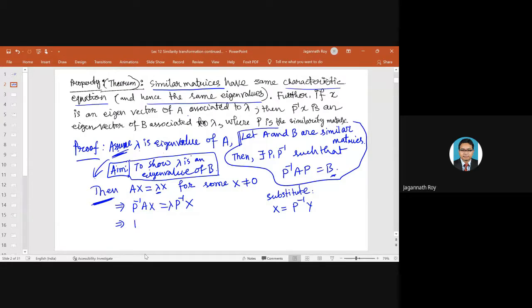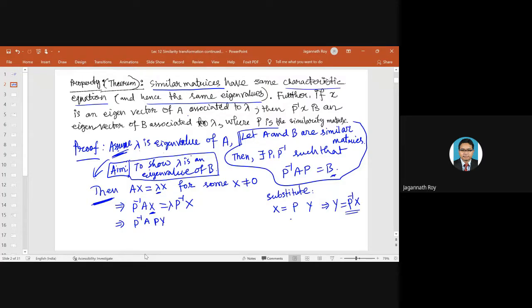Then it becomes P inverse A times Py, and since P is invertible, Y becomes P inverse X.